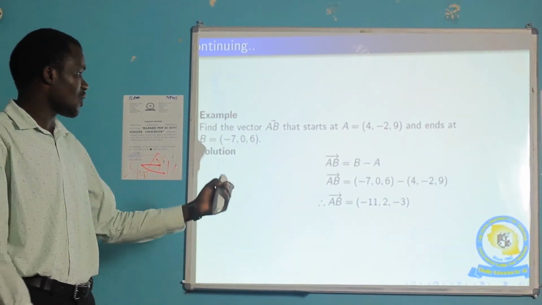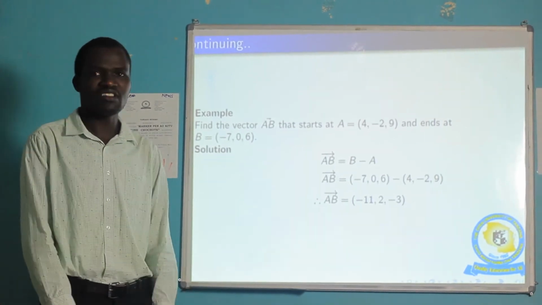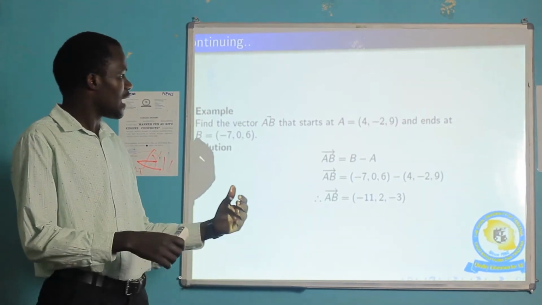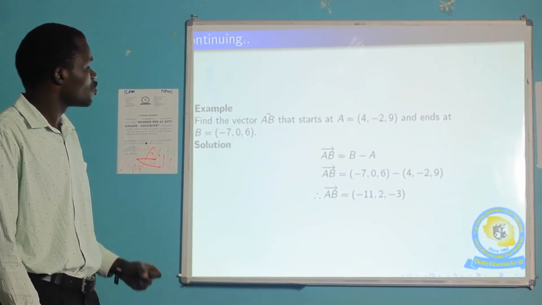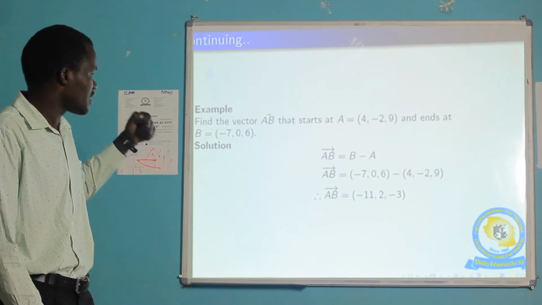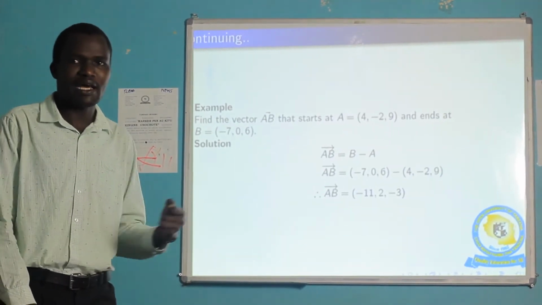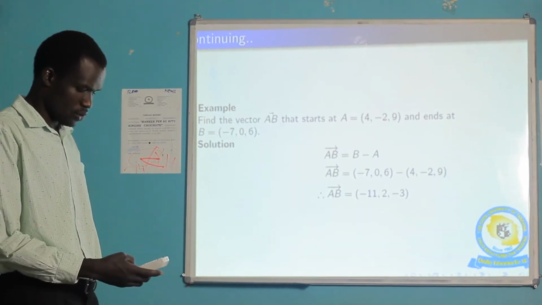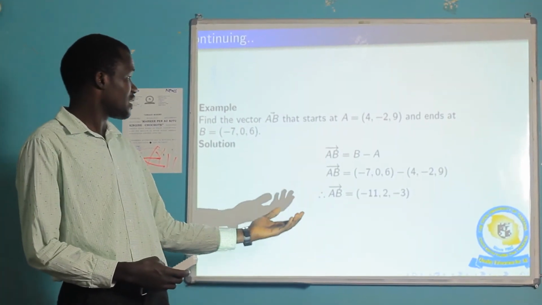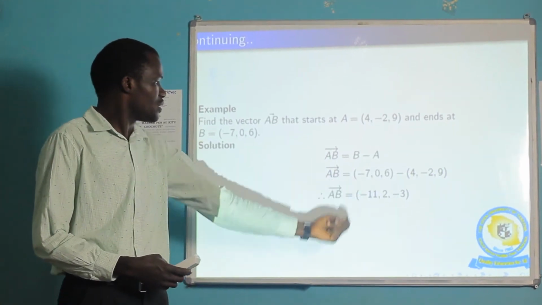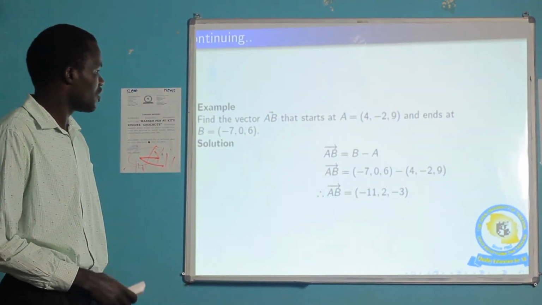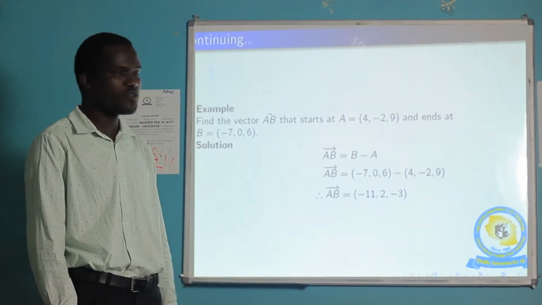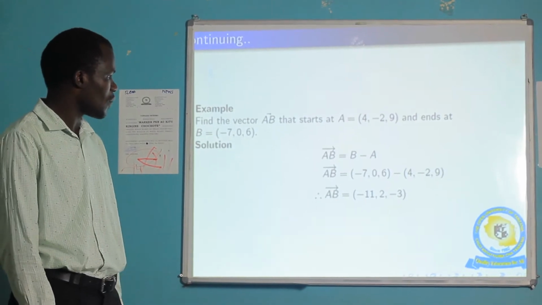This is our solution, and this is how we represent a vector starting from A to B. We write AB with an arrow above, and to find that vector, we take the terminal point B minus the initial point A. So here, we take the terminal point (-7, 0, 6) minus the initial point, whose entries are (4, -2, 9).